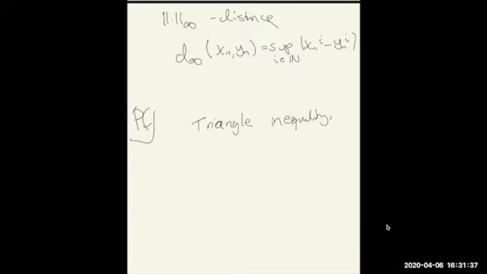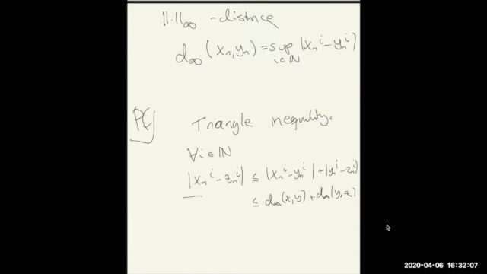And for this one, it's crucial to again start from, for all i natural numbers, what we have is that |x_i - z_i| is less than |x_i - y_i| plus |y_i - z_i|. So for the real numbers, this is less than its least upper bound, which is d infinity(x, y) plus d infinity(y, z).